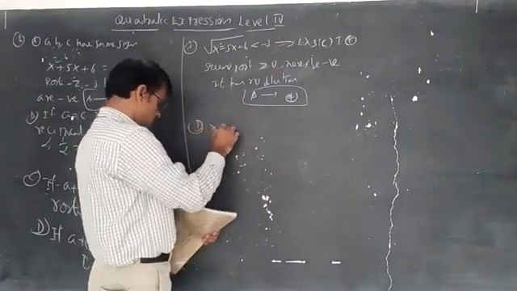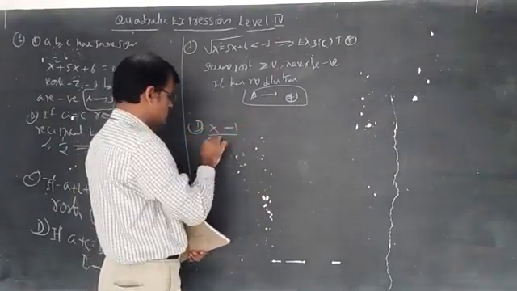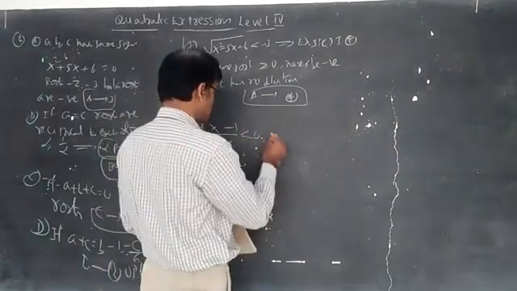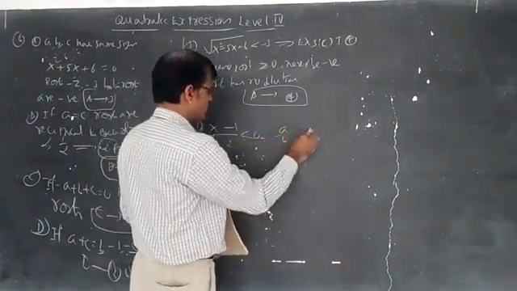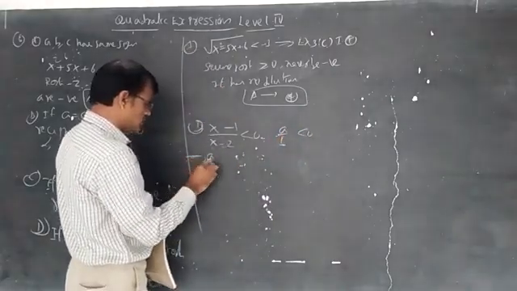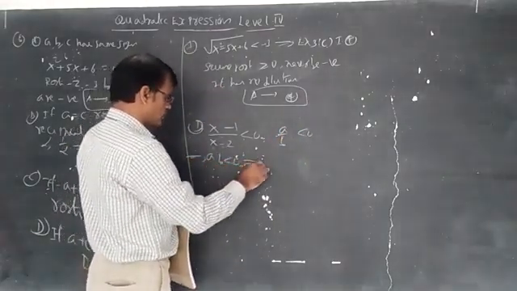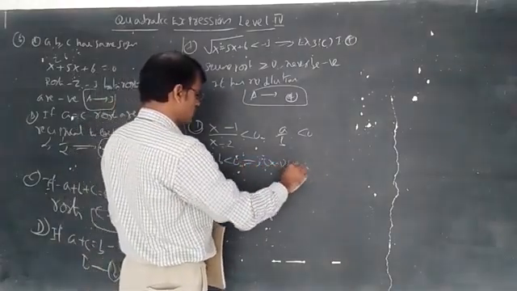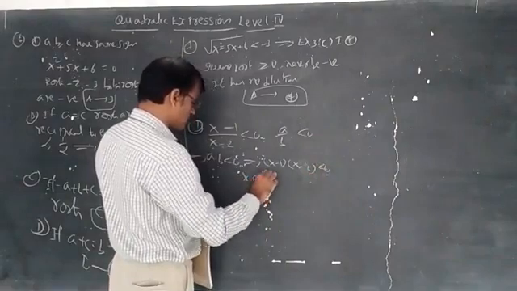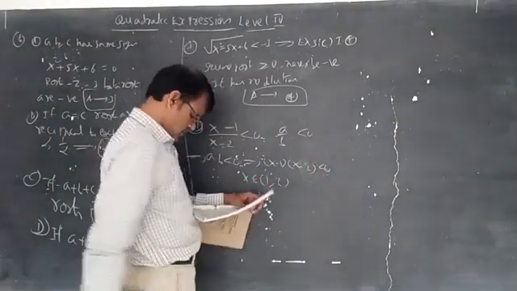For d, (x minus 1) by (x minus 2) less than 0. Whenever a by b is less than 0, then we know that ab is less than 0. That implies (x minus 1) into (x minus 2) less than 0. So x belongs to the open interval 1 comma 2.